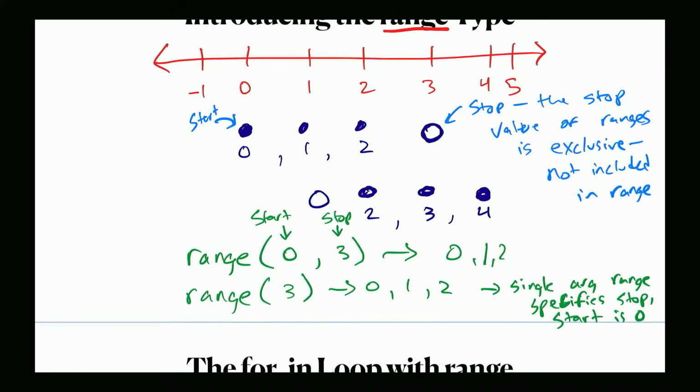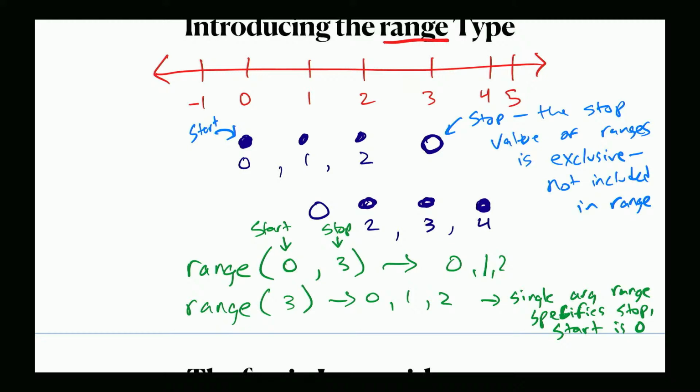There's a third argument that we can give, range 0, and I'll do 5 here for the stop. If we give a step of 2, this would give us 0, 2, and 4. The third argument is optional. It's the step, and that's the increment by which we want to increase or potentially decrease the next value in this range.